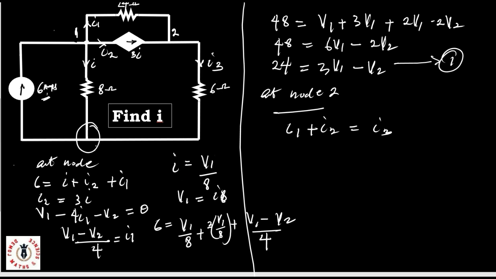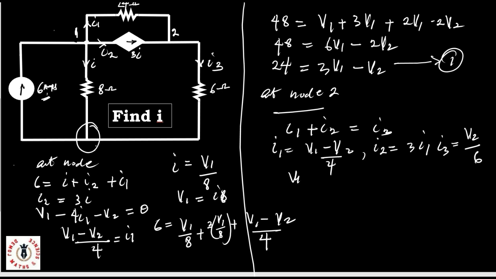We know that I1 is equal to V1 minus V2 over 4. And we know that I2 is the same thing as 3I. So we are left to define I3. At node 2, I3 is the same thing as V2 over 6. Now we can substitute in this equation.